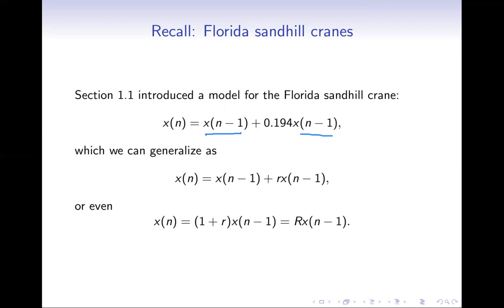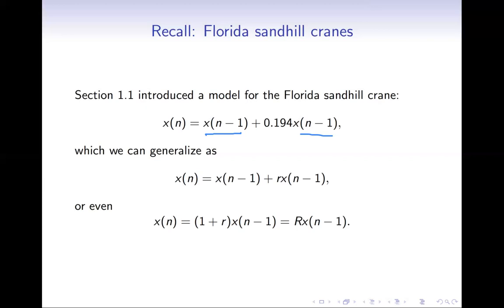We can generalize this as x of n equals x of n minus 1 plus r times x of n minus 1, if we're going to model some other population that's like the sandhill cranes, but that might have a different net growth rate.